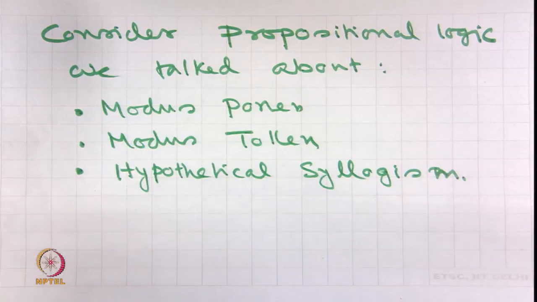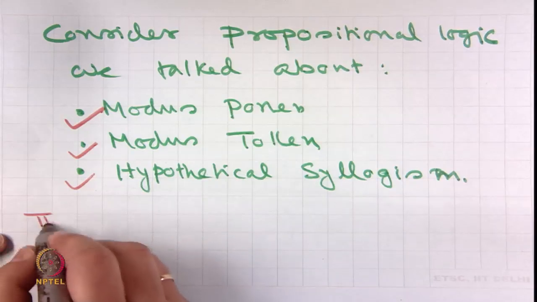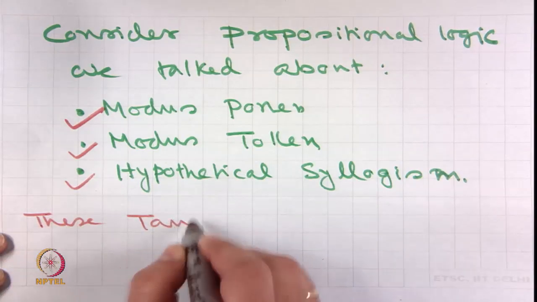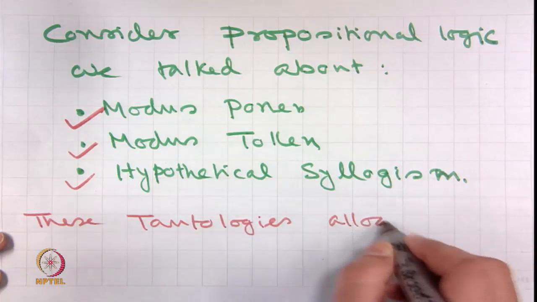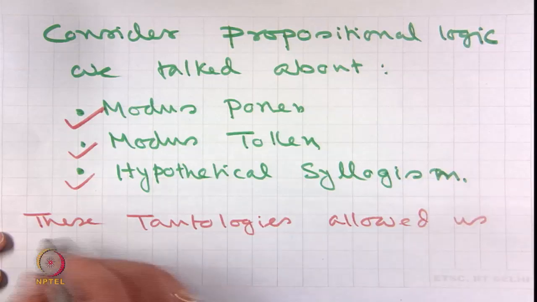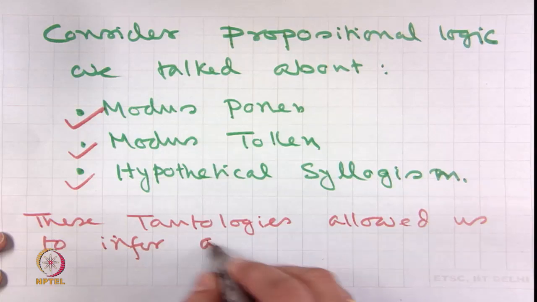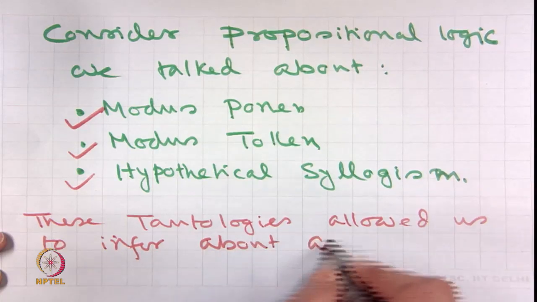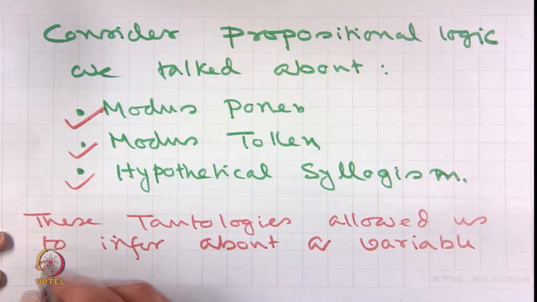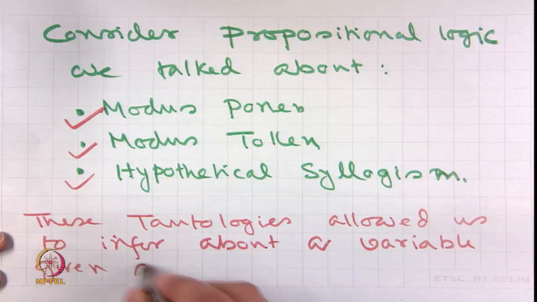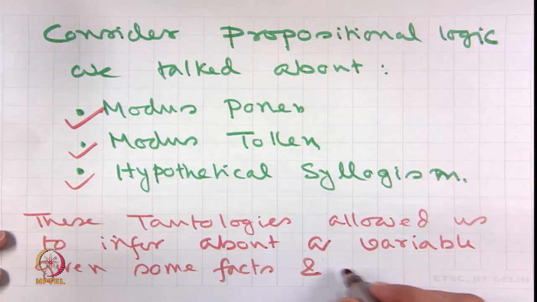So, these three tautologies allowed us to infer about a variable given some facts and some implication.